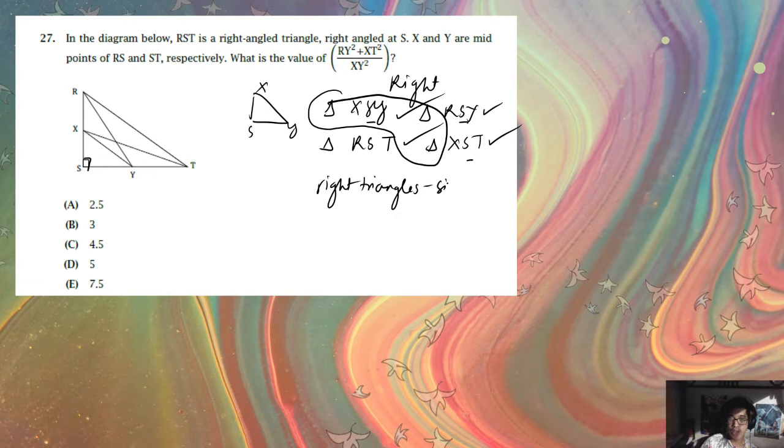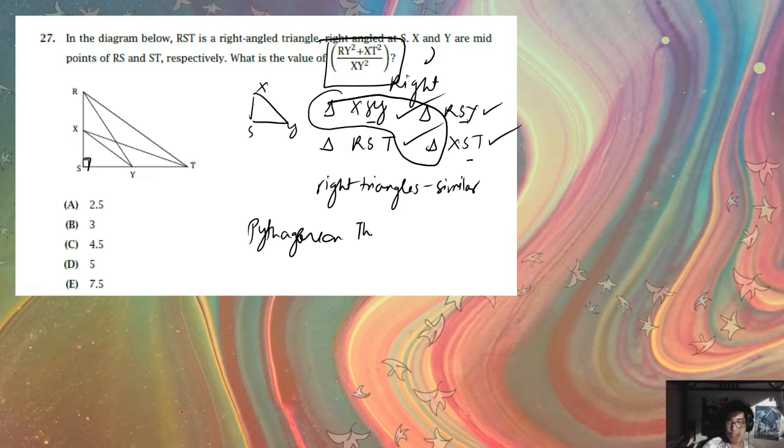Now, if we have right triangles, we can use a formula to find the value of this given expression. If you recall the theorem we mostly use in finding the side measurements of a right triangle, that will be the Pythagorean theorem, right? And for this case, we will be using the Pythagorean theorem. So how will we use it for this problem?